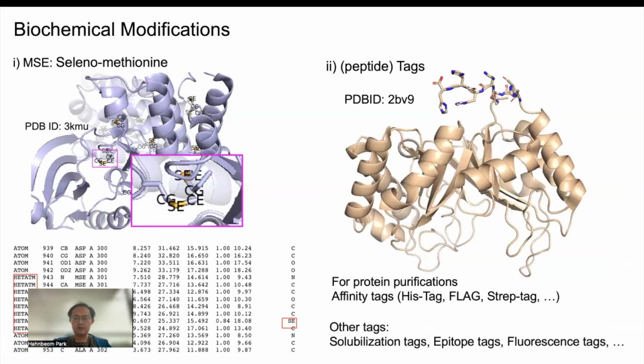But at the structure determination part, often these tags are attached to the protein structure, and sometimes they could influence the protein structure minimally. But you have to know that these are not actual biologically meaningful residues. They're just used for purifying proteins. When you use the protein structure, you must delete this part because it's not part of the biological unit.